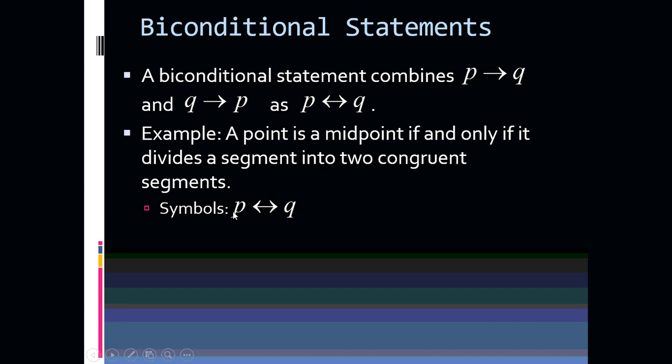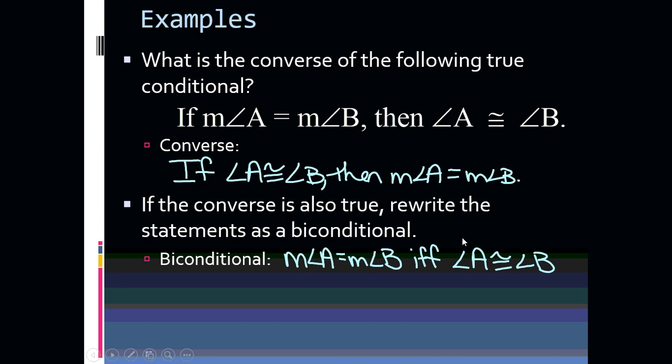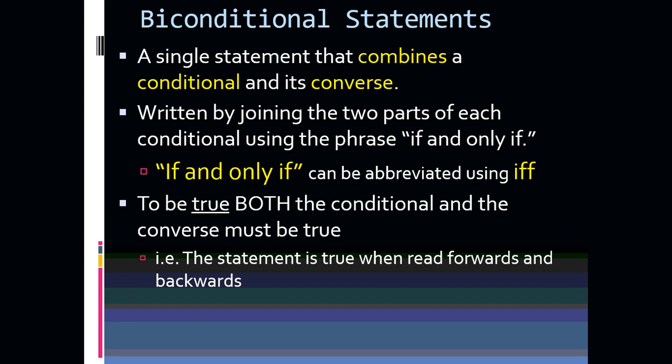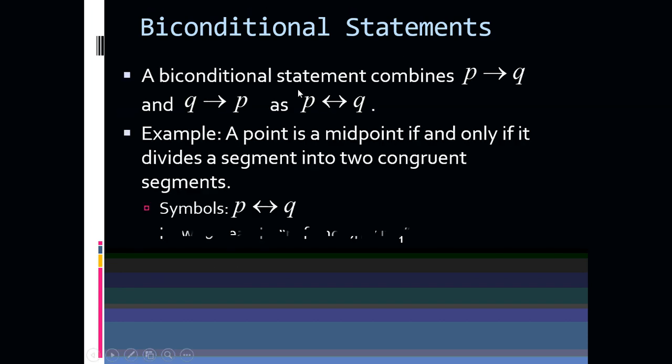The symbol will be P if and only if Q. This is how you read it. It's combining the conditional and converse together, and they both need to be true. So this is called biconditional.